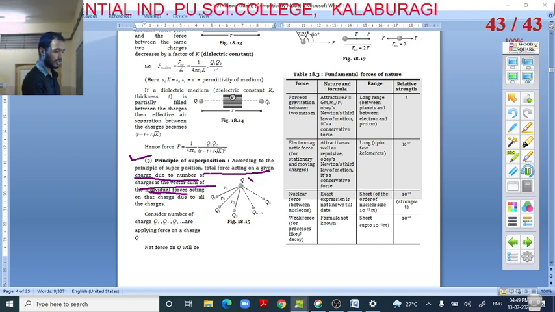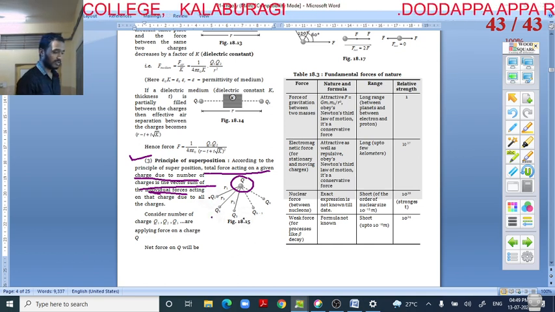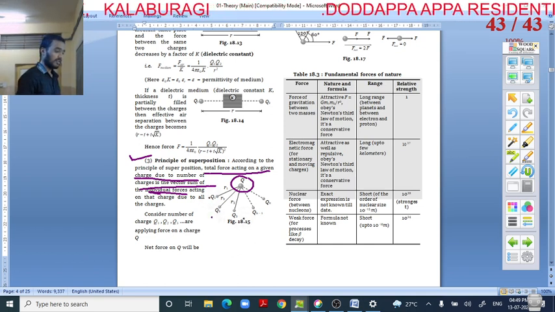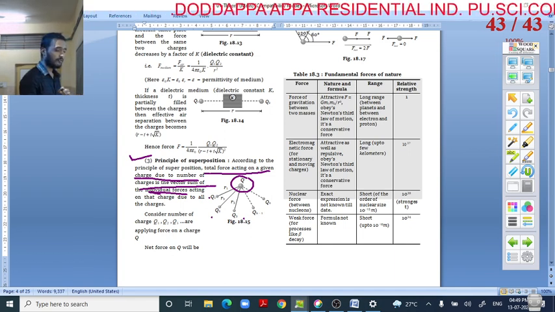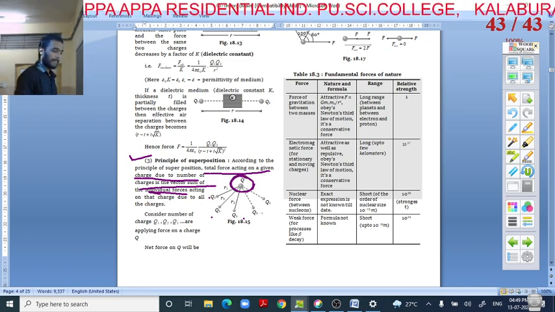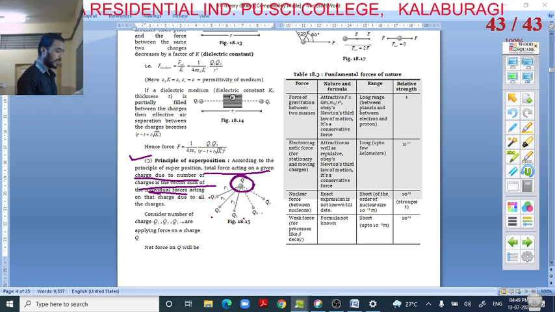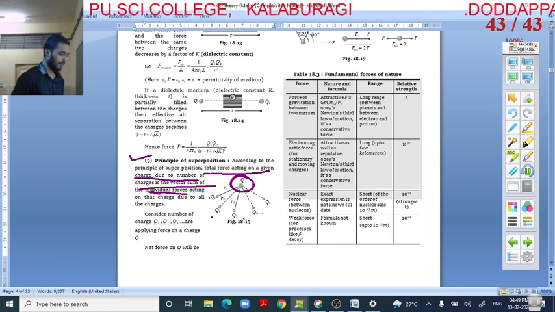For example, here Q is the charge, and Q1, Q2, Q3 are the n number of charges. Due to all these charges, what is the force acting on this charge Q? That is the vector sum of the forces due to all the charges. That is the principle of superposition.